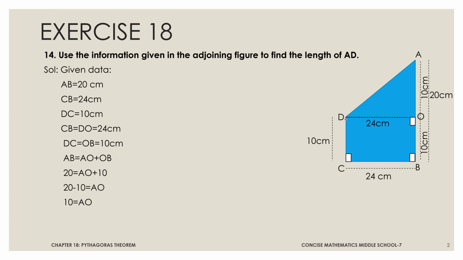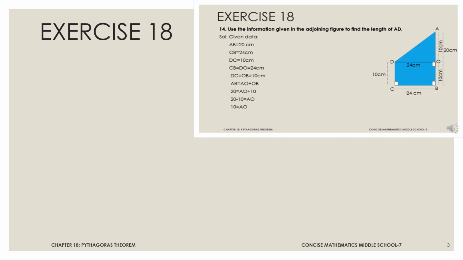See, now we got the values, that is the lengths of the two sides. Now you can easily calculate this hypotenuse, is it not? Now let's find the hypotenuse of this right angle triangle. According to the Pythagoras theorem, we all know that the hypotenuse square is equal to the sum of the squares of the sides, right?